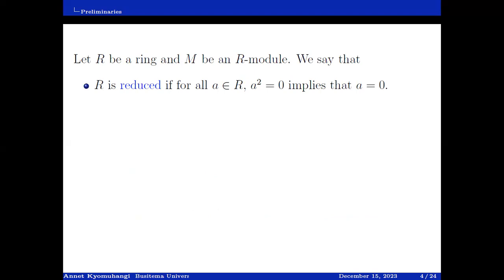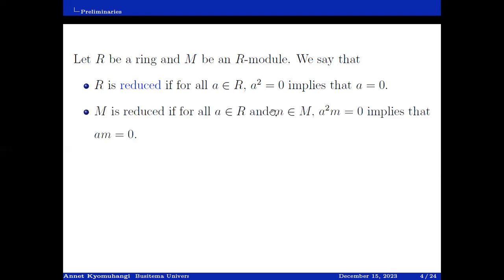We say that a ring is reduced if for all elements A of the ring, A squared equal to 0 implies that A is equal to 0. Ali and Zhu generalized these reduced rings to what we call reduced modules. We say that a module M is reduced if for all elements A of the ring and elements m in the module, A squared m equal to 0 implies that Am is equal to 0.